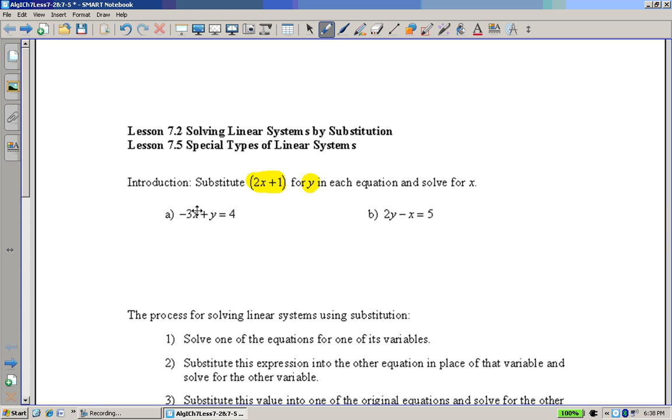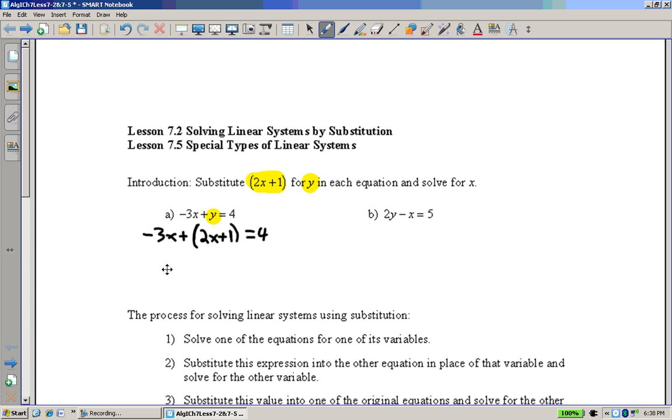So we see that this is y. Instead of putting y, we're going to put this, 2x plus 1. So negative 3x plus, I'm not going to put y, I'm going to put a big parentheses. So in the place of y, we're going to put 2x plus 1.